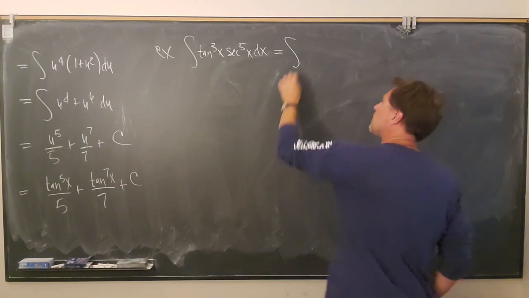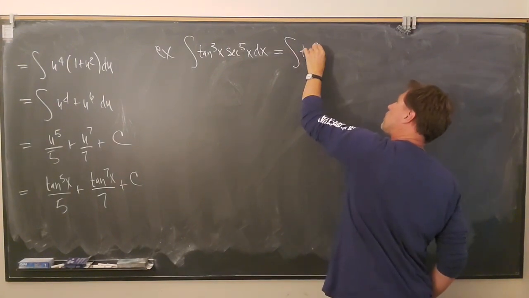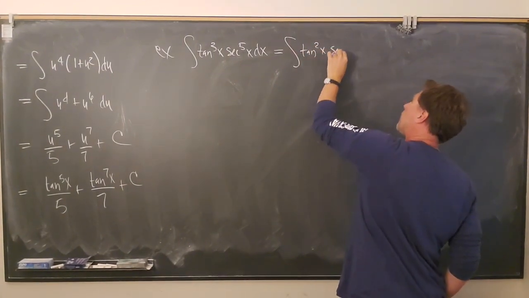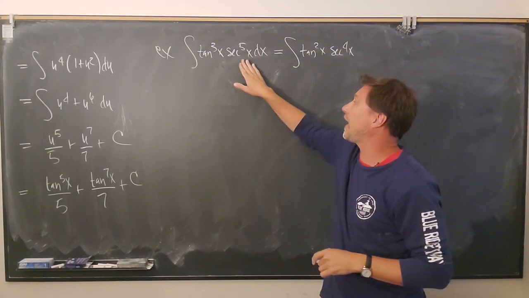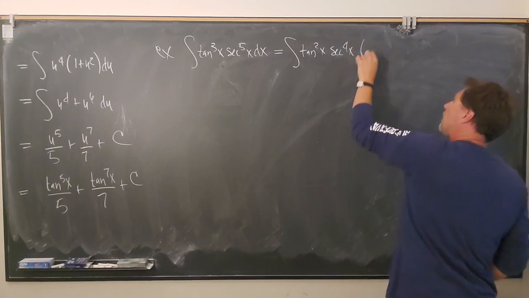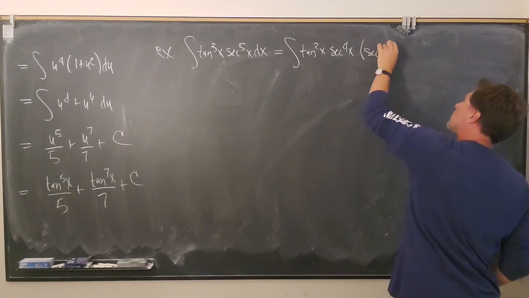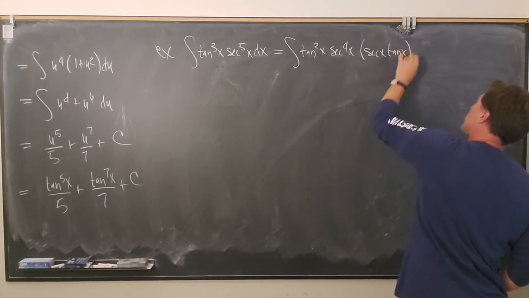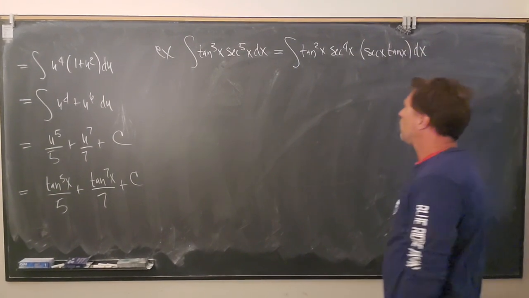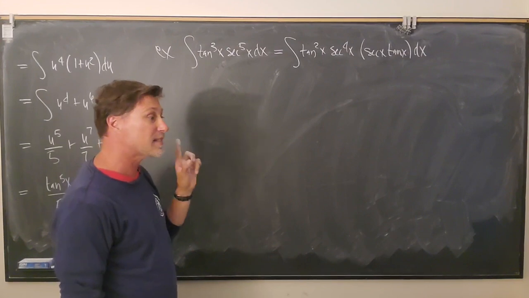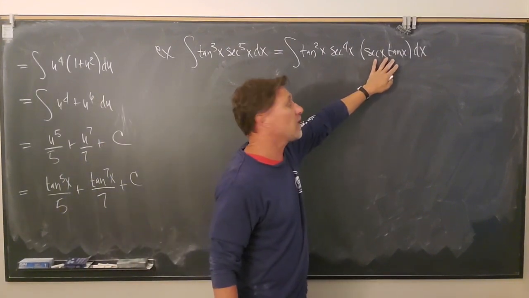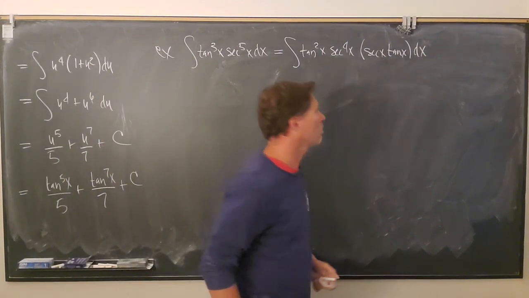So in this case, what I'd like to do, you can see what I'm doing here, I'm going to peel off a factor of tangent and a factor of secant. So what we'll have now is secant x tangent x dx. So what do you imagine in the end I'm going to let u equal? I'm going to let u equal secant x so that the derivative will be secant x times tangent x.